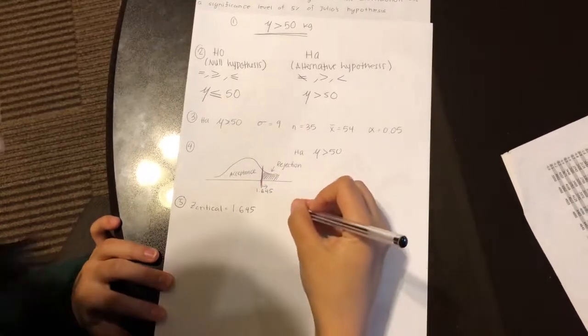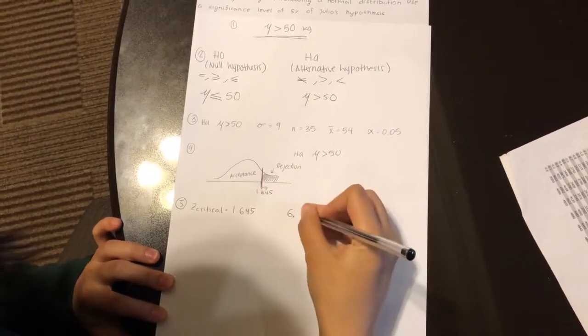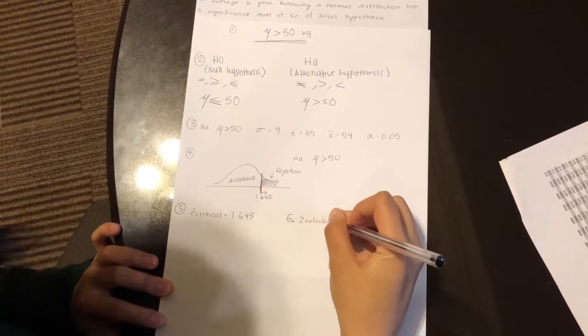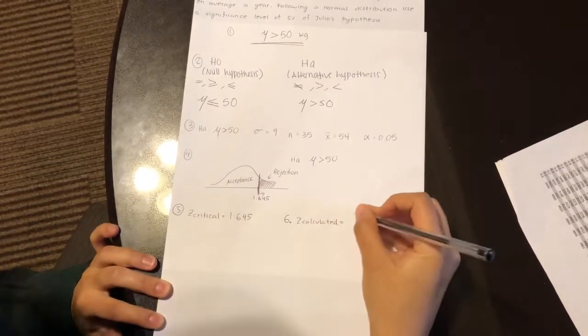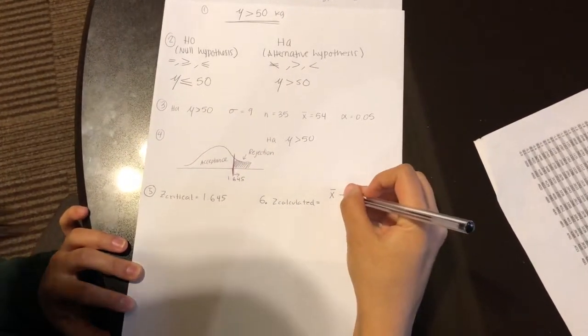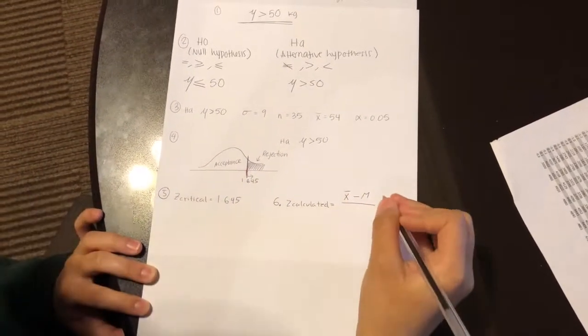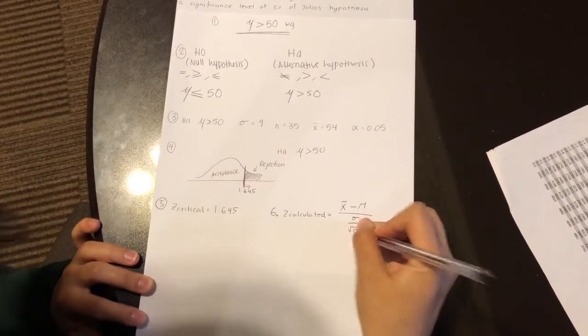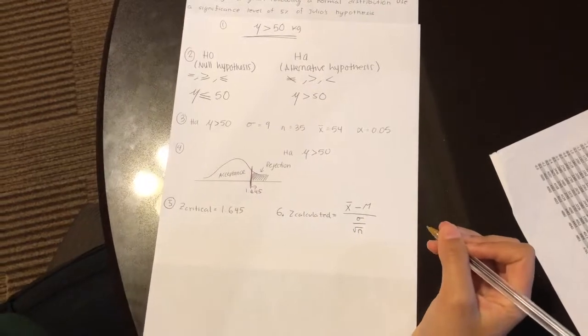And in step number 6, we're going to find the Z calculated, which the formula is x bar, which is the mean of the sample, minus mu, divided by sigma over the square root of the sample size.